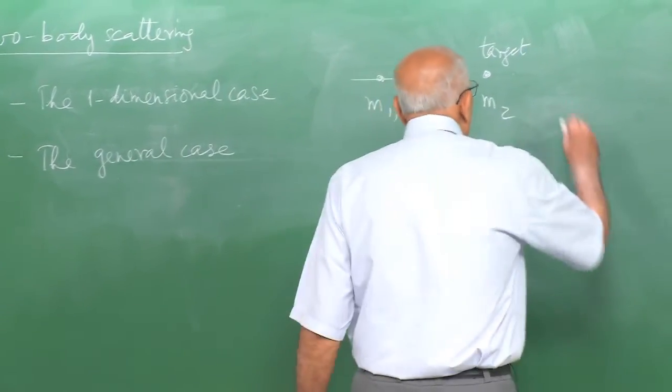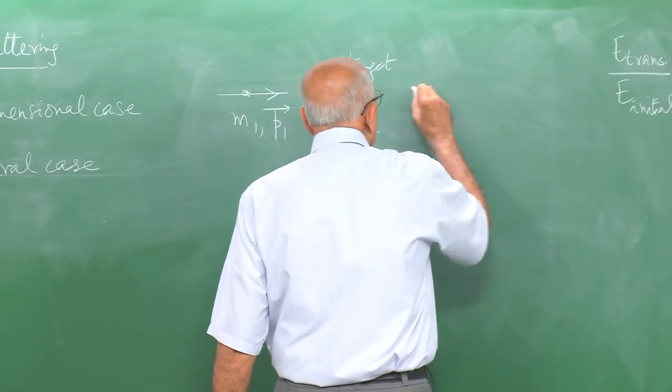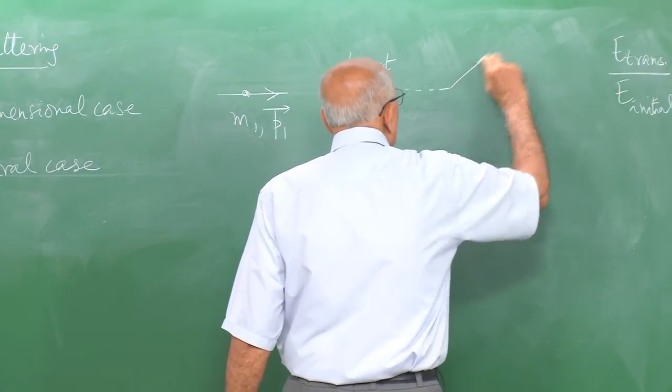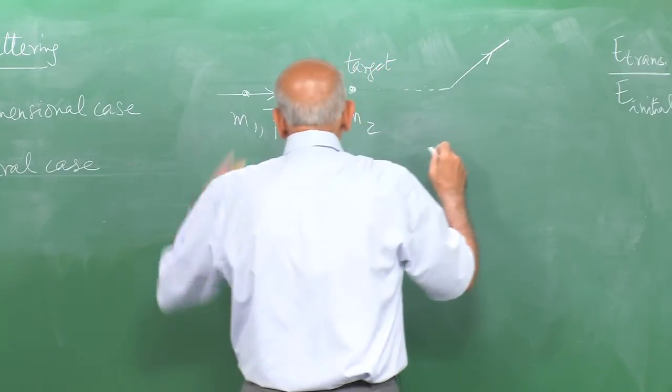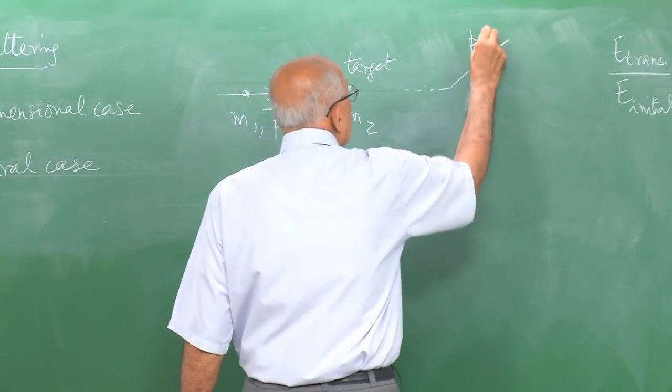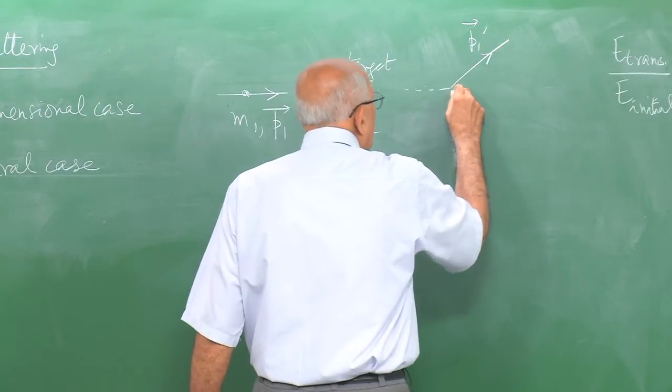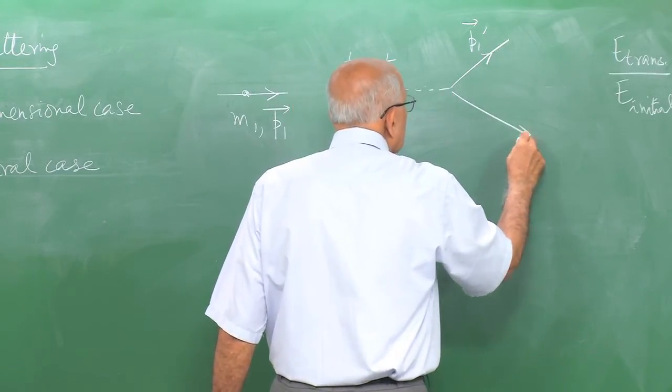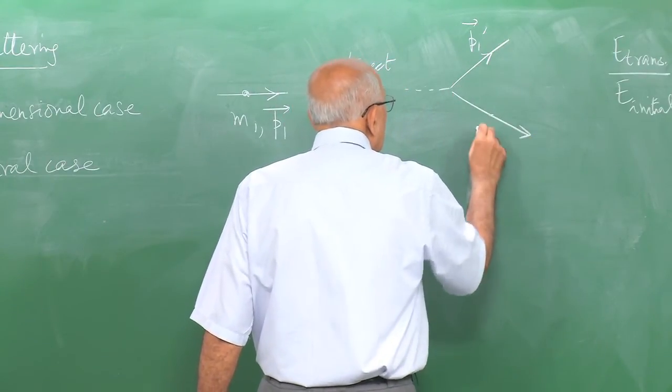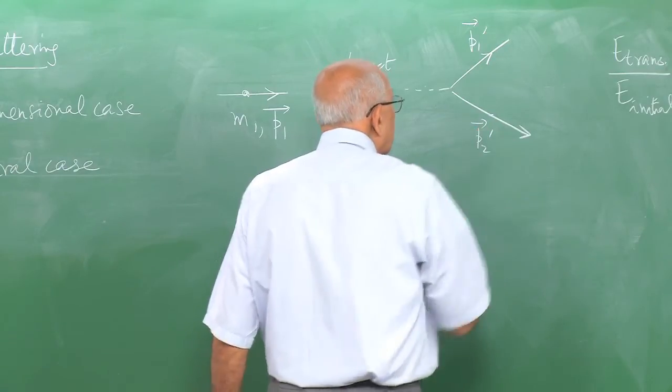So if after collision with respect to the initial direction, you have the projectile going off like this with momentum p1 prime, and the target going off like this with momentum p2 prime.